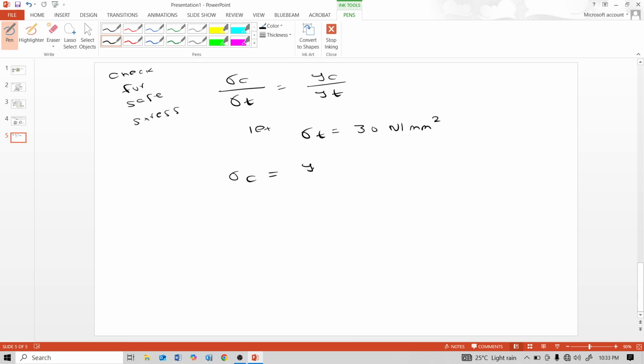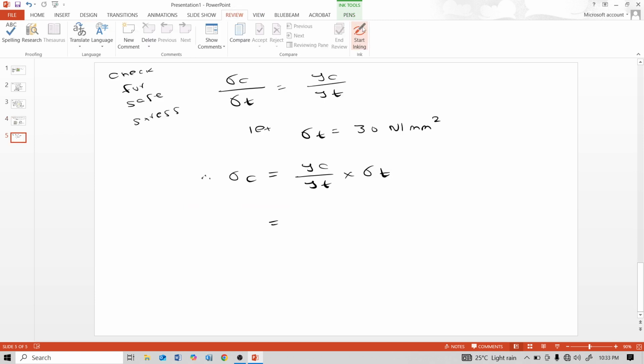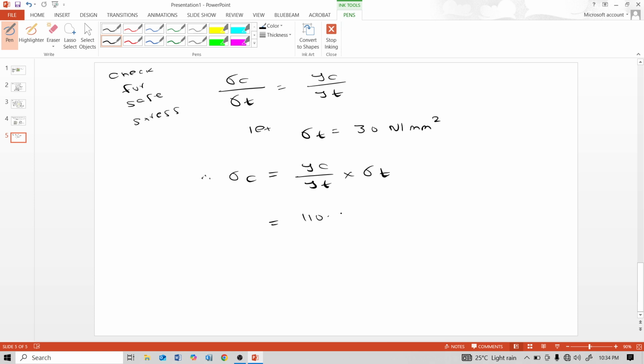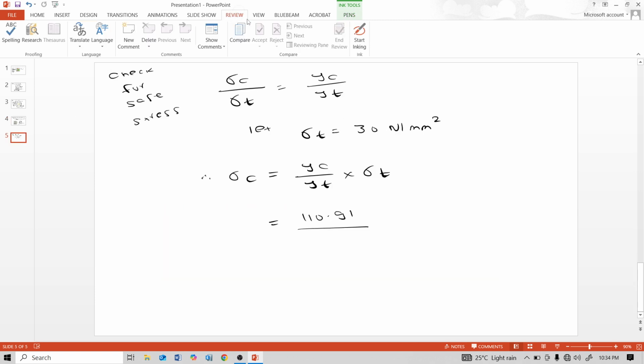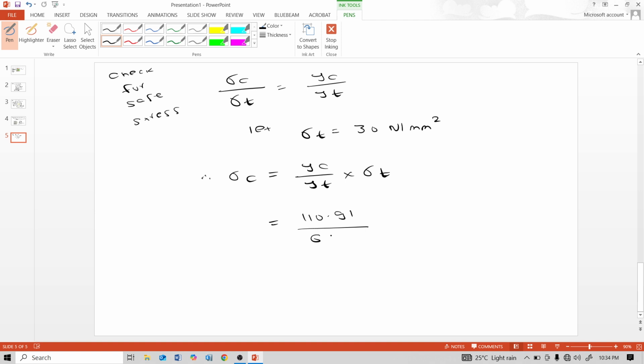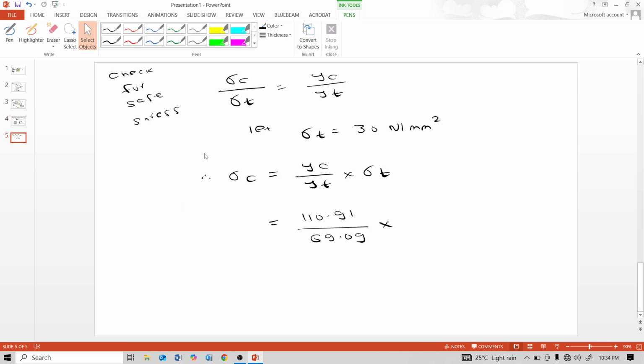Sigma c is equal to yc upon yt multiplied by sigma t. Yc is 110.91, yt is 69.09, and sigma t is 30.